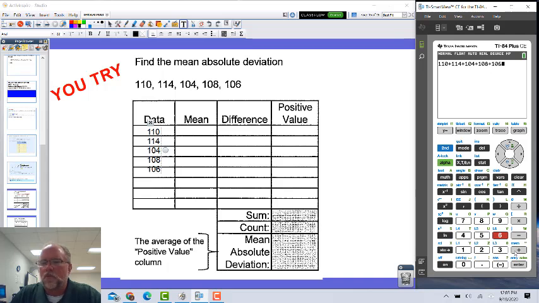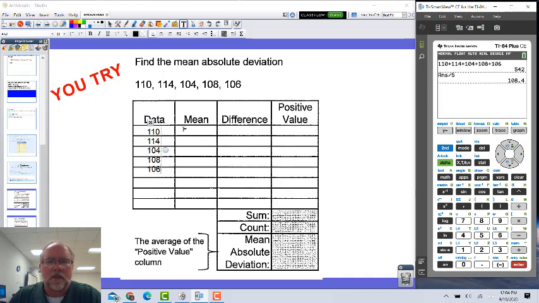We hit enter, and we find the sum. The sum is 542, but that's not what I want yet. What I really want is the mean, so I need to divide 542 by 5 because there are 5 data points. So we divide by 5, enter, and you end up with 108.4.